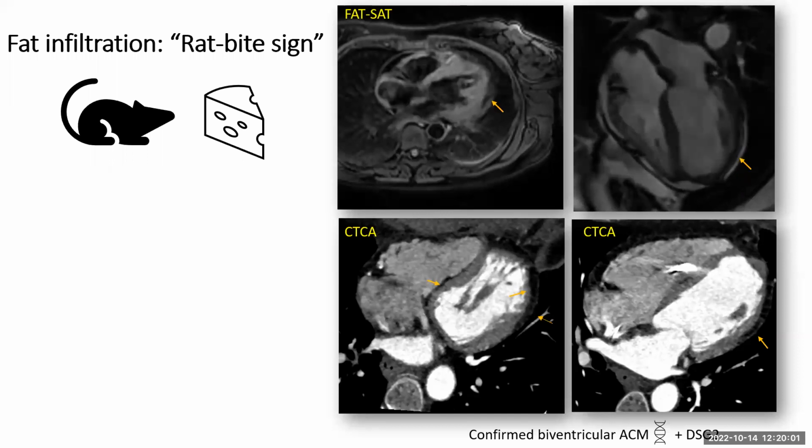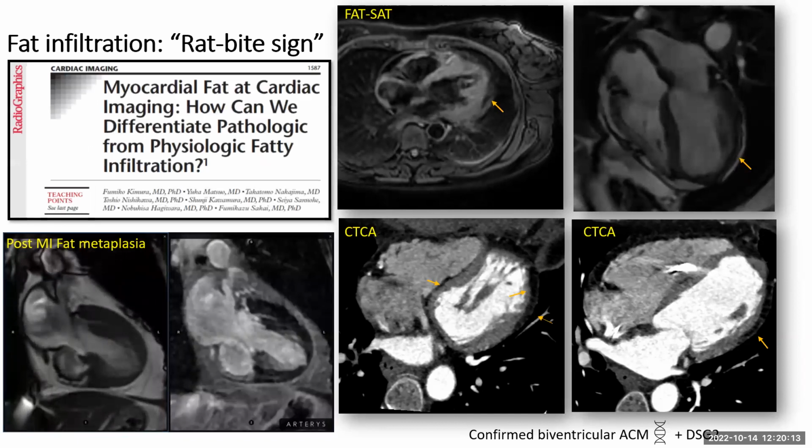This classic fat infiltration gives the myocardium an appearance that is called the rat bite sign, in reference to a cheese bitten by rats. We also must keep in mind that there are other settings in which we can encounter myocardial fat, like chronic post-MI metaplasia. I recommend this excellent review on the topic.